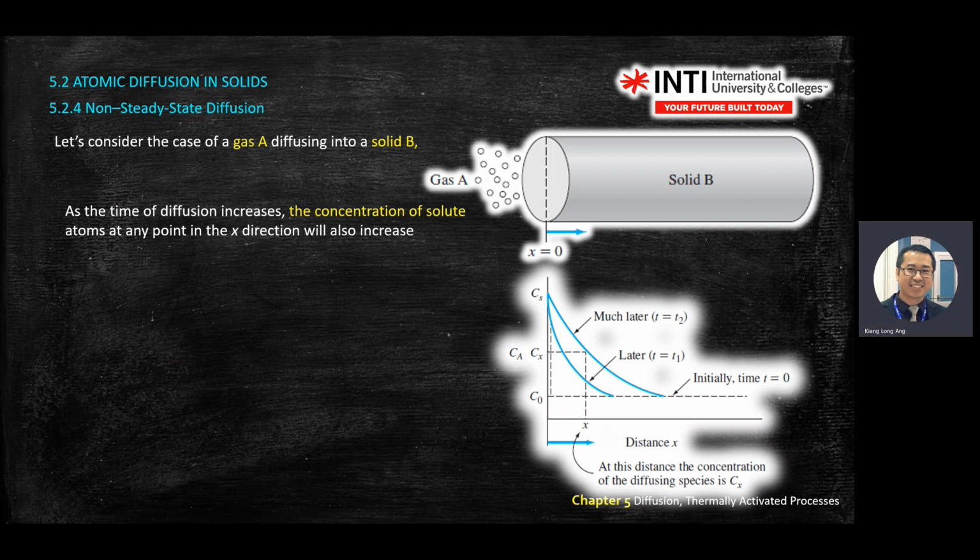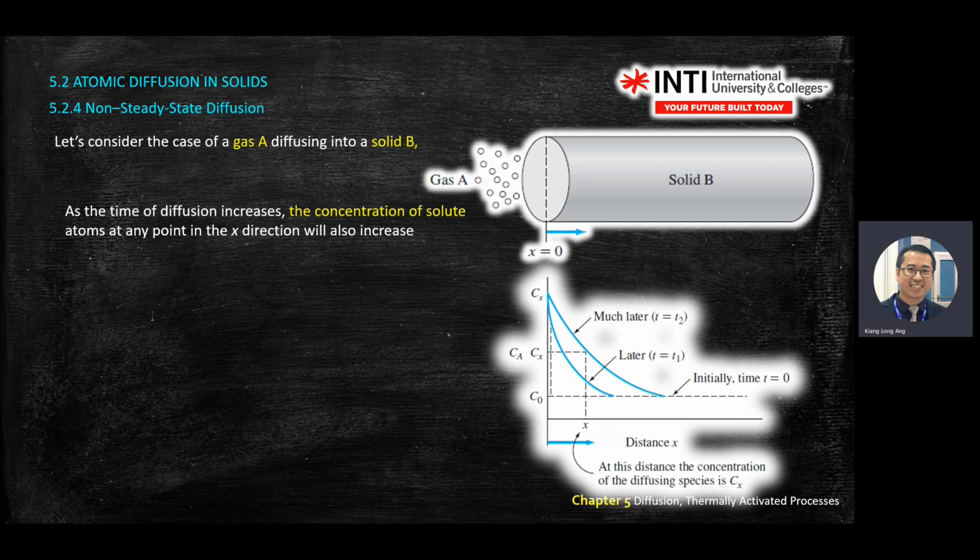So you have a concentration versus X again. Initially you have this time, T1, but there's a change of concentration when you change to T2. So the curve, this one is T1, this one is T2.